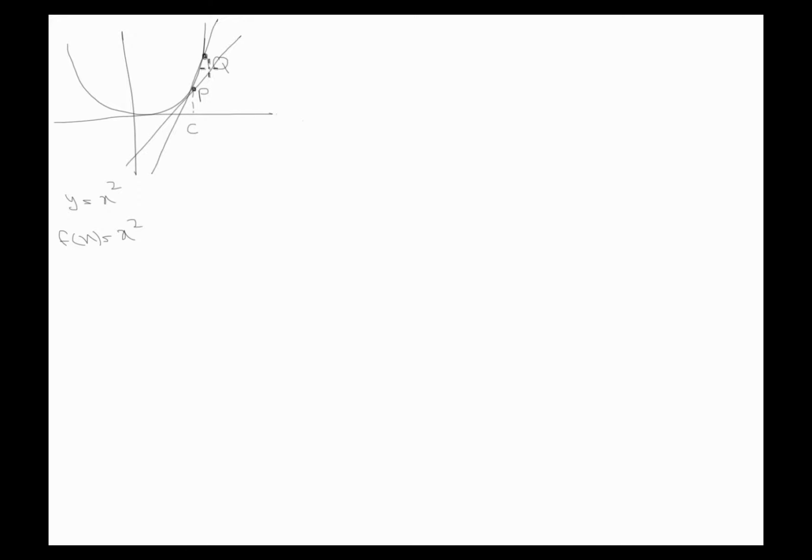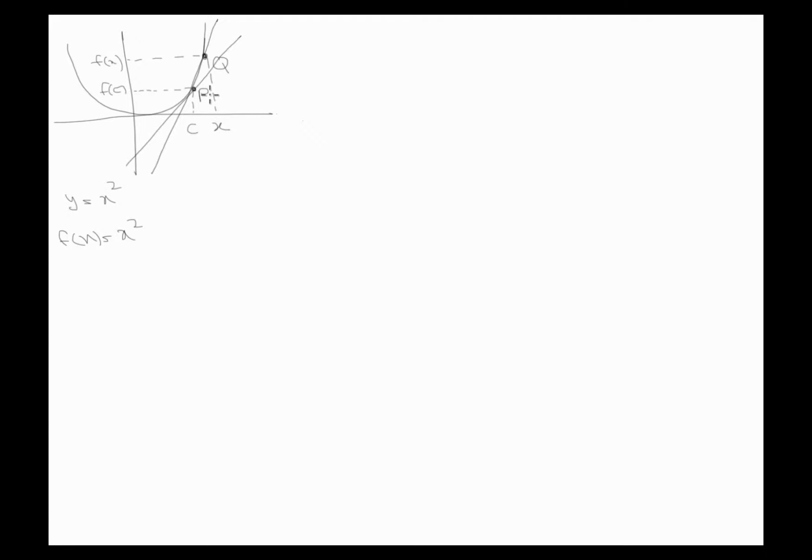Let's say this point Q is located at x is equal to x. Okay, so obviously if the x value at point P is c, then that means that the y value is f of c, and if the point Q is located at x is equal to x, then its y value is going to be f of x.